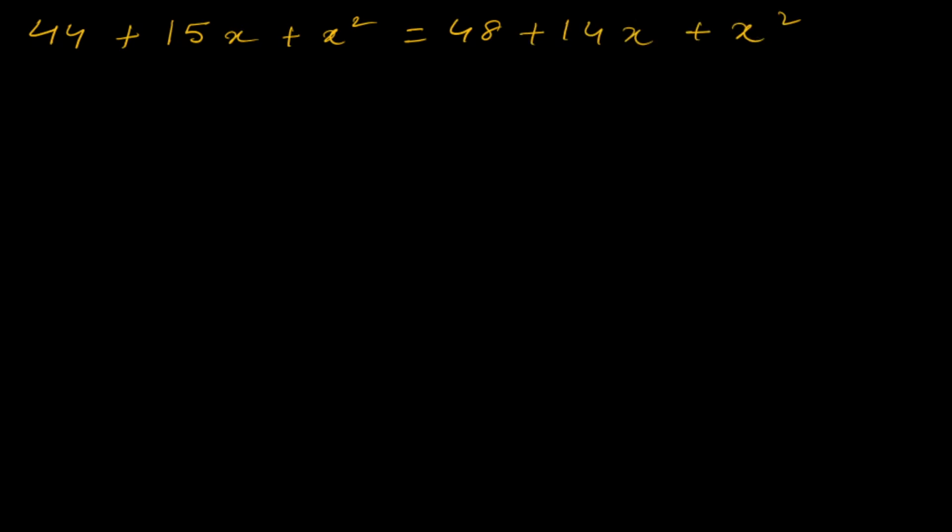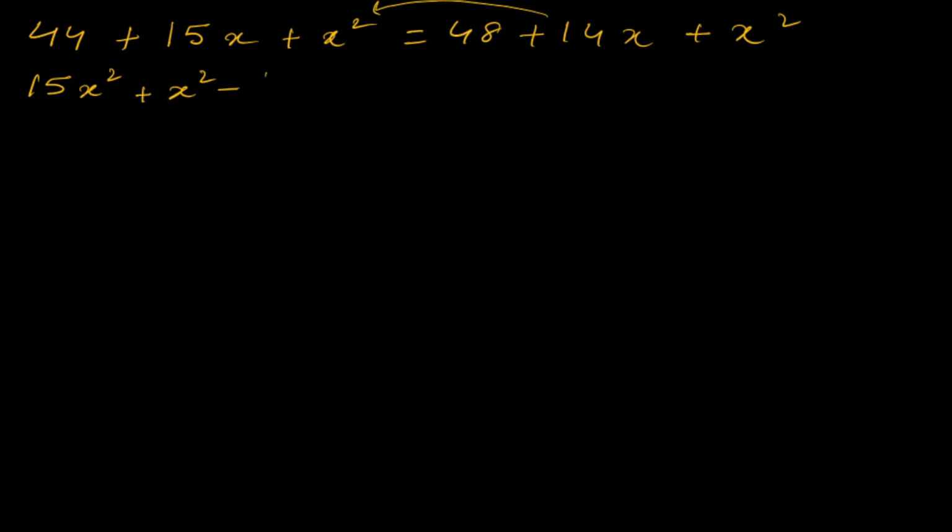Now let's shift all the like terms to the same side. So x terms I'll keep on the left side. 15x is already there on this side, plus x square is there. Now I am shifting 14x, so it will become minus 14x, and x square will become minus x square. Now 48 is there on this side. I am just going to shift 44 also.